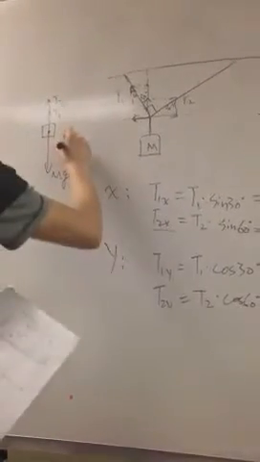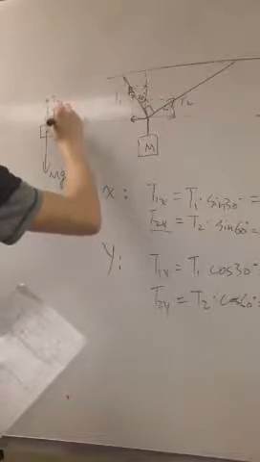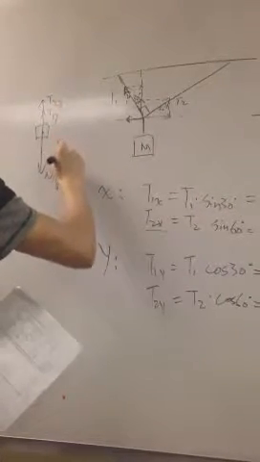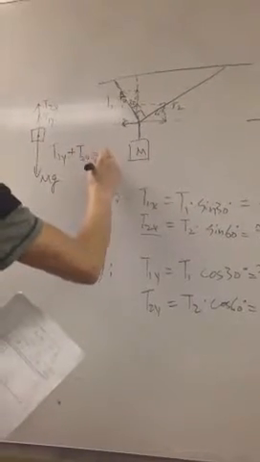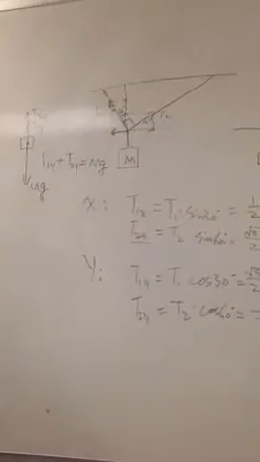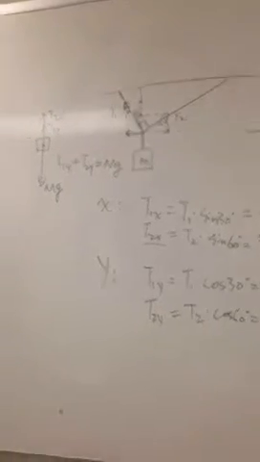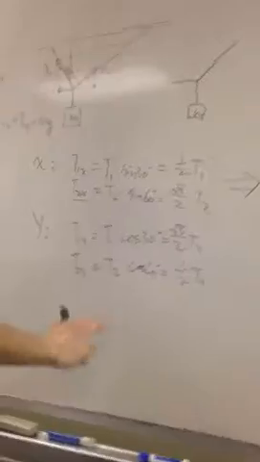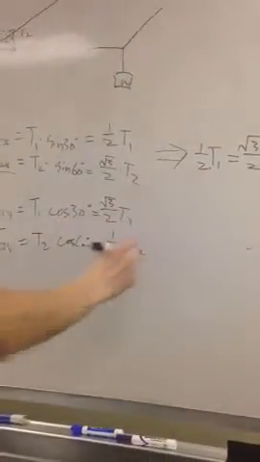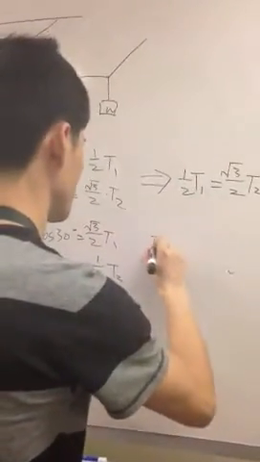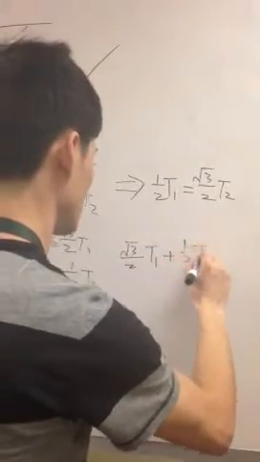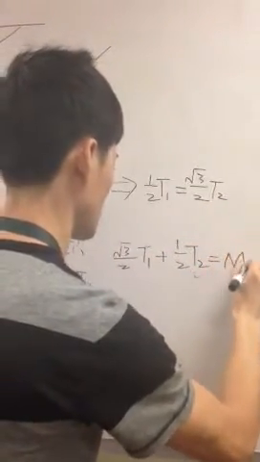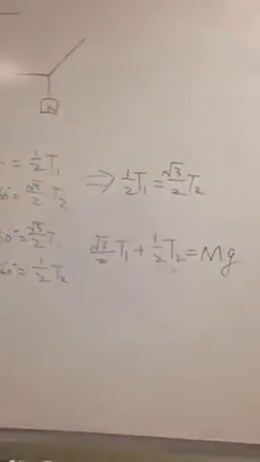Because let's say y, T1y plus T2y equals mg. Do you understand here? We know T1y, T2y are these, so just put them together. Okay.